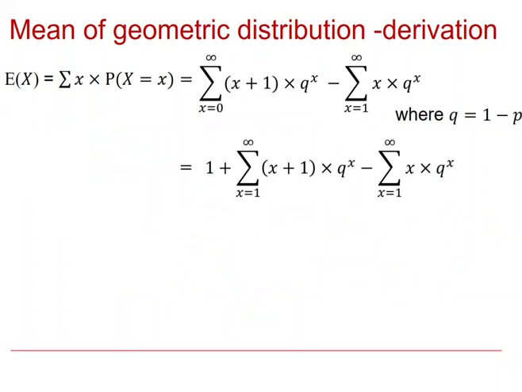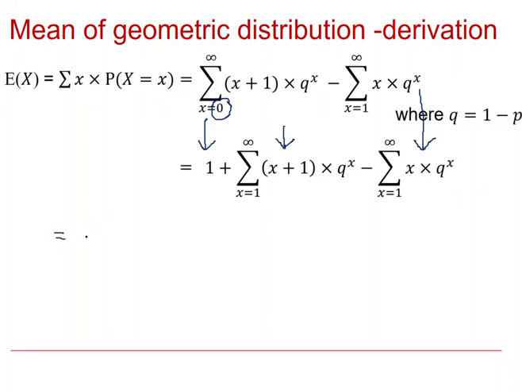So we saw on the previous slide how the first term when x is 0 of the first summation here gives us 1, and then we're left with the rest of the terms to be summed for that series starting from x equals 1. And we still have the second term in our expression for the expected value, which is the summation of x multiplied by q to the x.